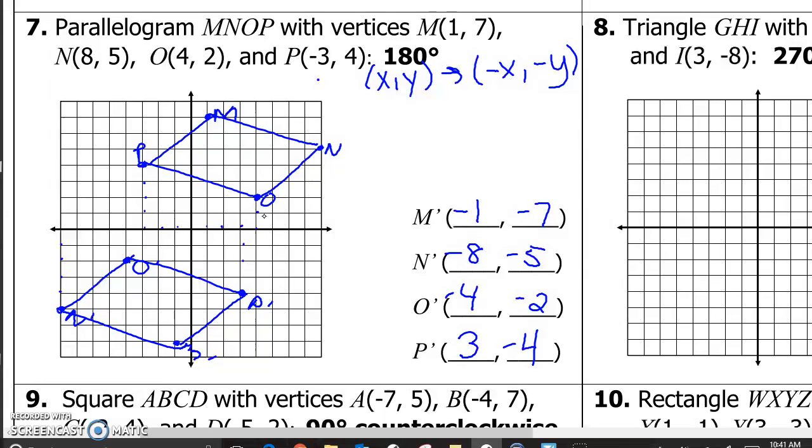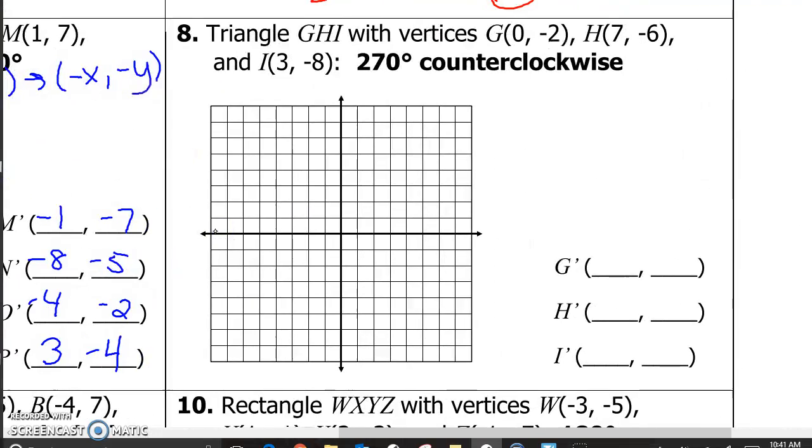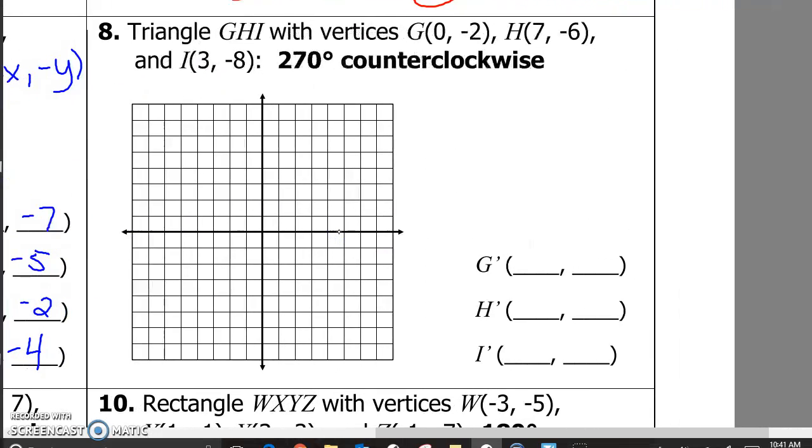Okay, number 8. Because of time, since I'm in the middle of my plan, I cannot keep drawing them, but I can go through and do the points with you. So for number 8, it's going to rotate 270 degrees counterclockwise. The rule for that is x, y becomes y, and then the opposite of x.